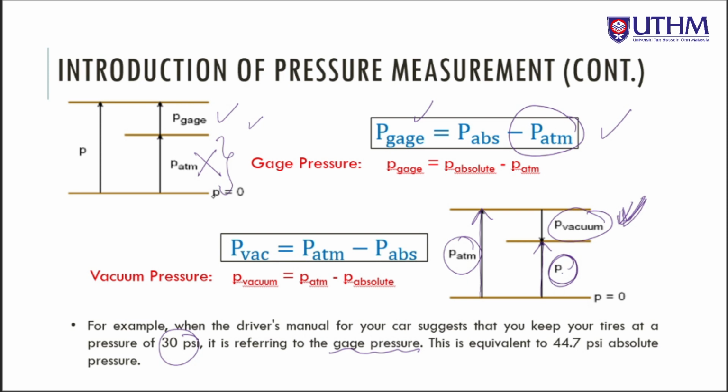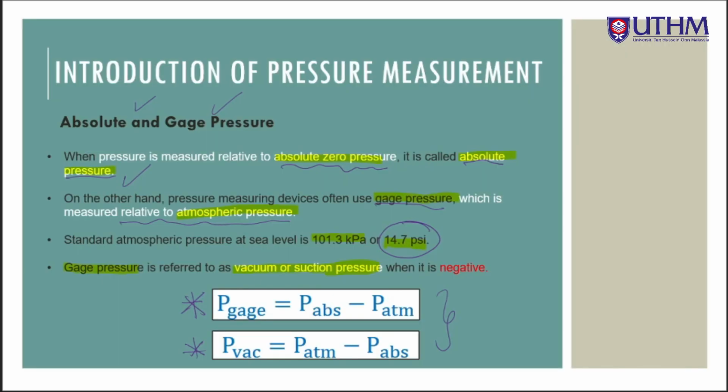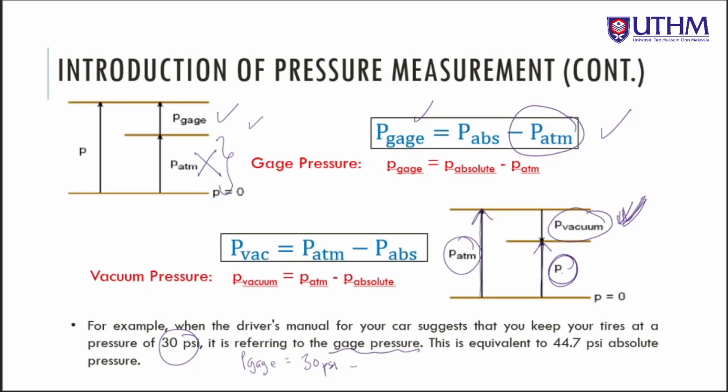So P gauge equals absolute pressure, 30 psi, minus the atmospheric pressure, for standard atmospheric pressure, which is 14.7 psi, which in the end is equivalent to 44.7 psi.